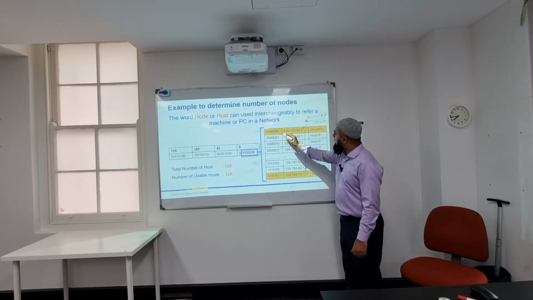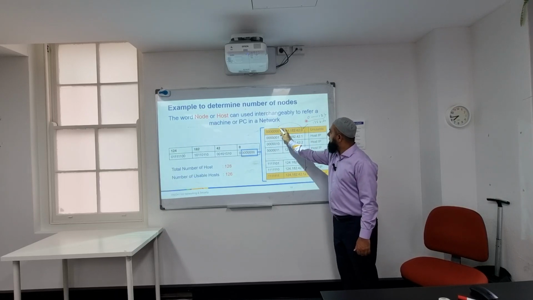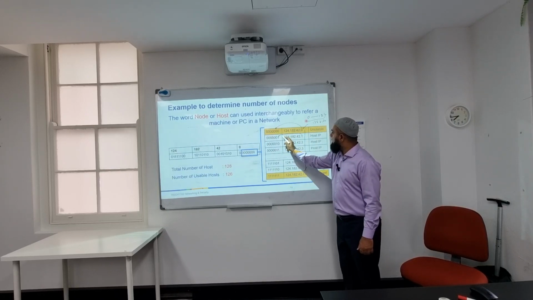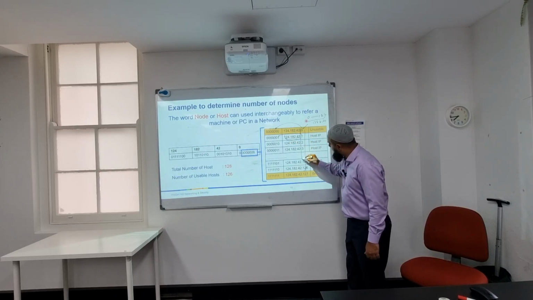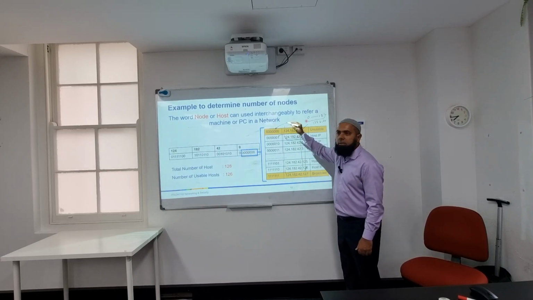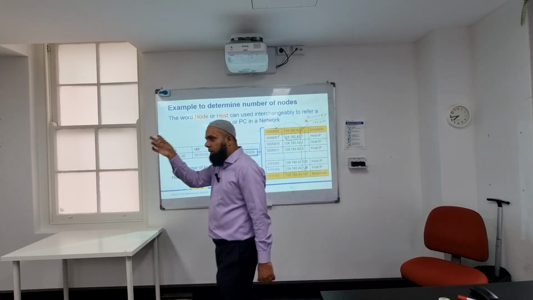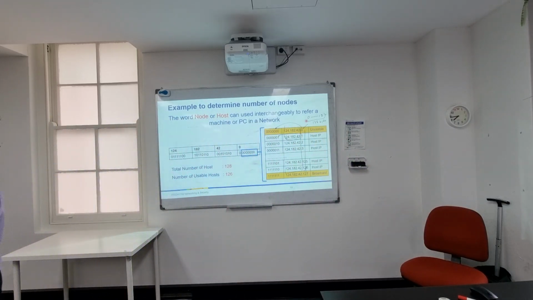For every single one, this part is the same. So you can see that this is a network ID. That's why we say this is a network portion. This is not changing. Only the node portion is changing. Node portion is your personal computer IP address, your connected devices, your own IP address. Clear?